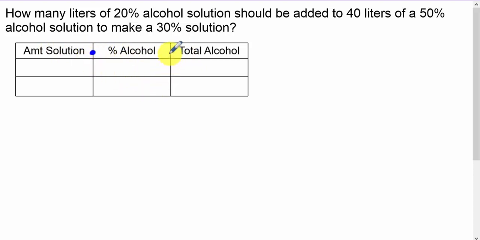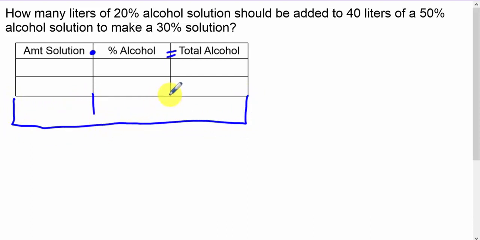And basically, you're going to multiply those two together to get the third. I think I probably should have put another row into this, so let's just do that now. So, percent of the mixture.